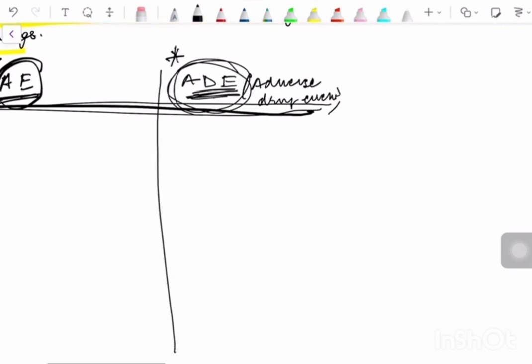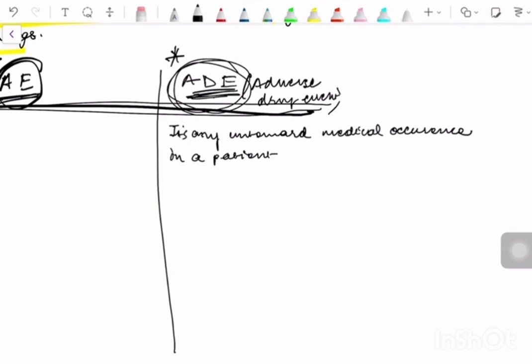Now let us understand what is adverse drug event. So it's any untoward medical occurrence in a patient or during clinical investigation.